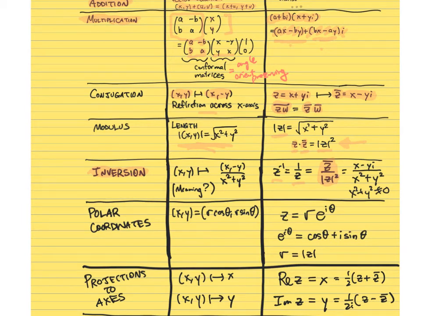We also have polar coordinates in both sides. So in R2, you think about expressing xy as its length times cosine of the angle it makes with the x-axis, and r times sine of the angle it makes with the x-axis.